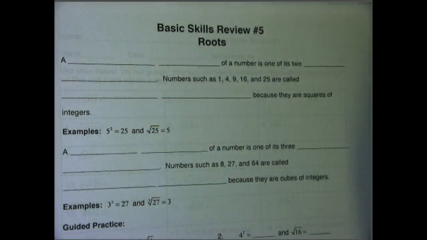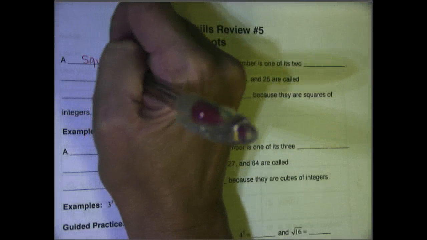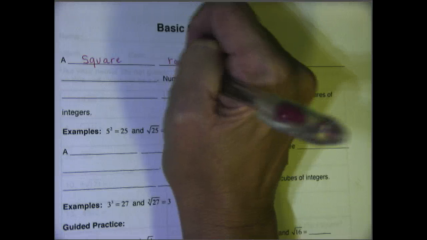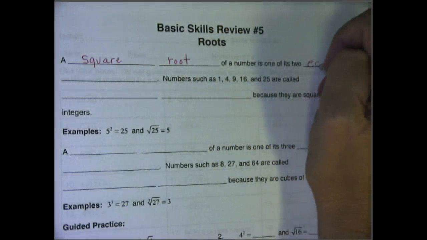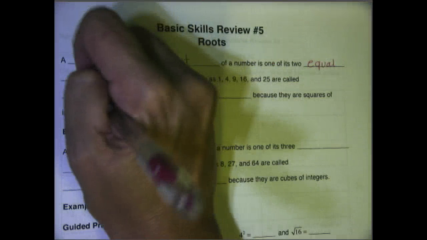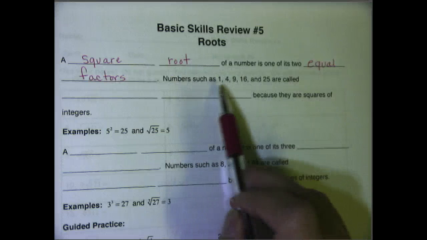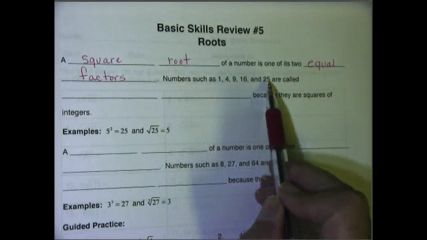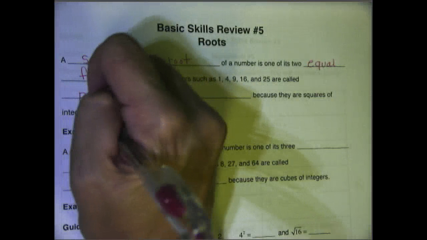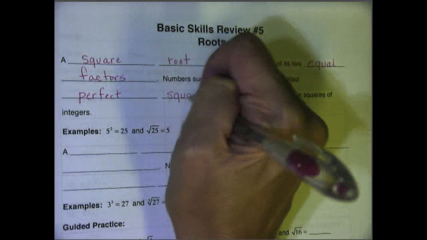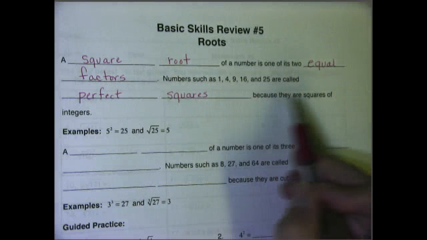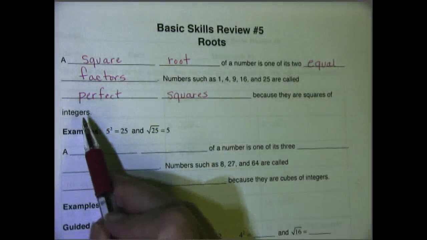So let's take a look at the notes. A square root of a number is one of its two equal factors. Numbers such as 1, 4, 9, 16, and 25 are called perfect squares because they are squares of integers.